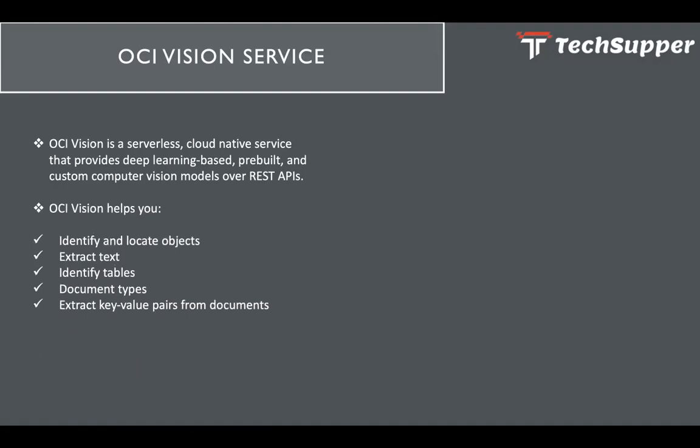OCI Vision helps you to identify and locate objects. Meaning, if you have a parking area, you may have different types of vehicles like car, bike, bicycle, truck. Vision Service can help you identify what type of object it is and where it is.